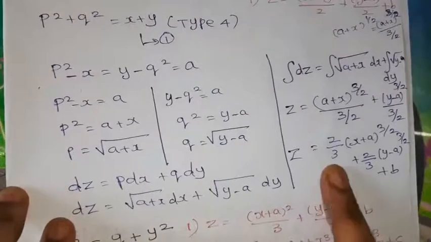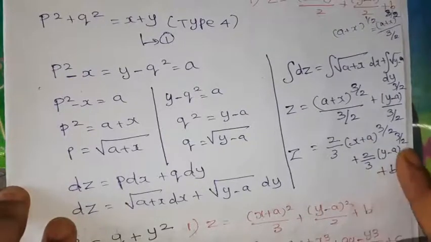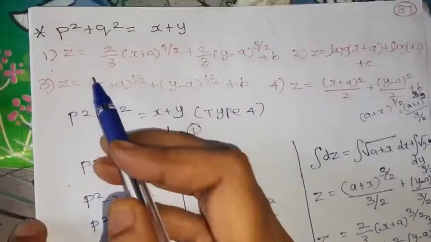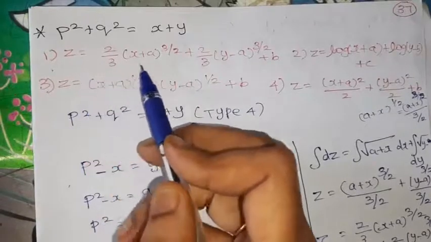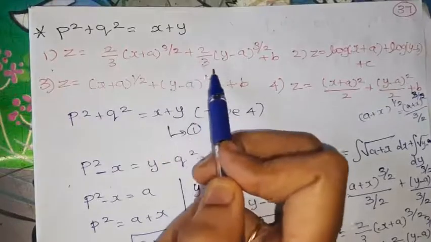So z equal to 2 by 3 (x + a)^(3/2) plus 2 by 3 (y - a)^(3/2) plus b. Which option? Option 1 is the right option for this problem.